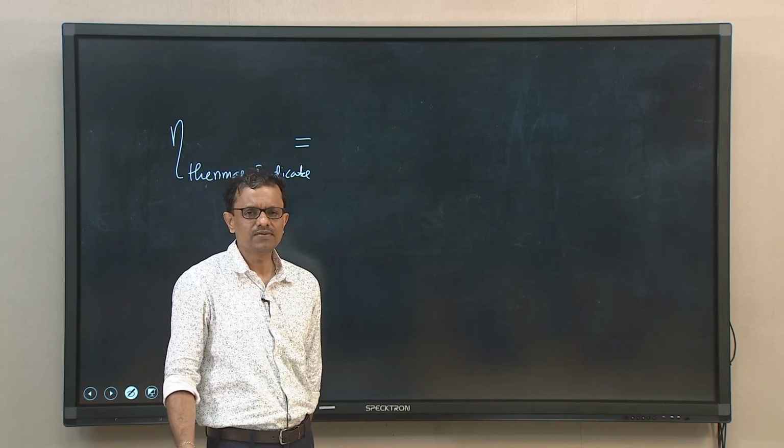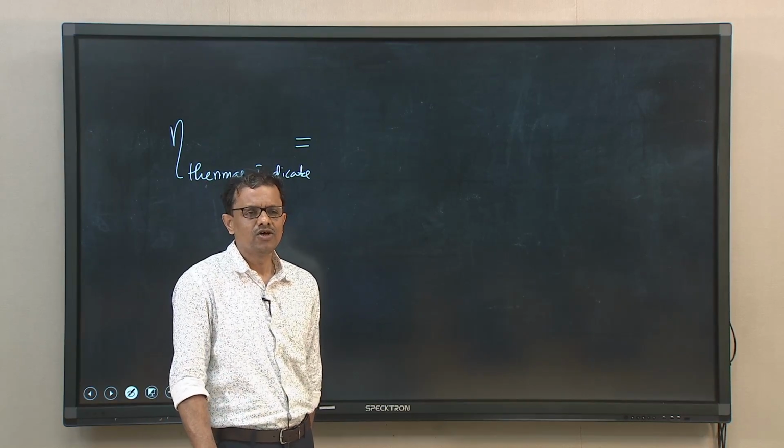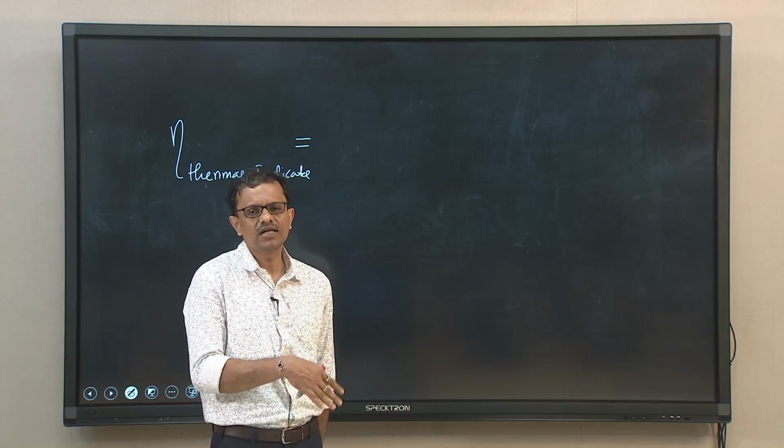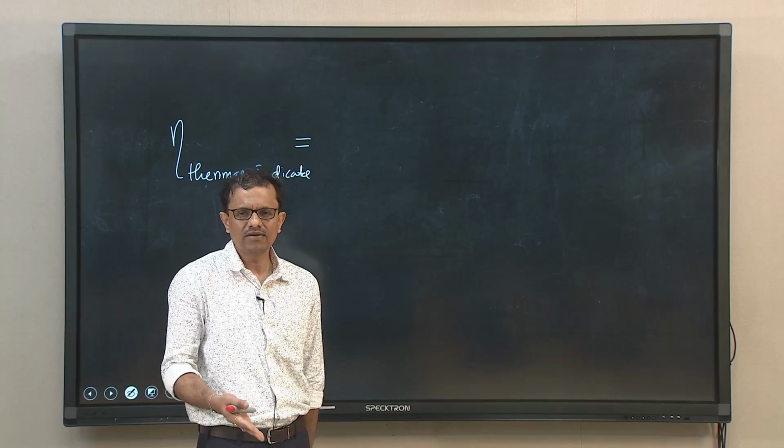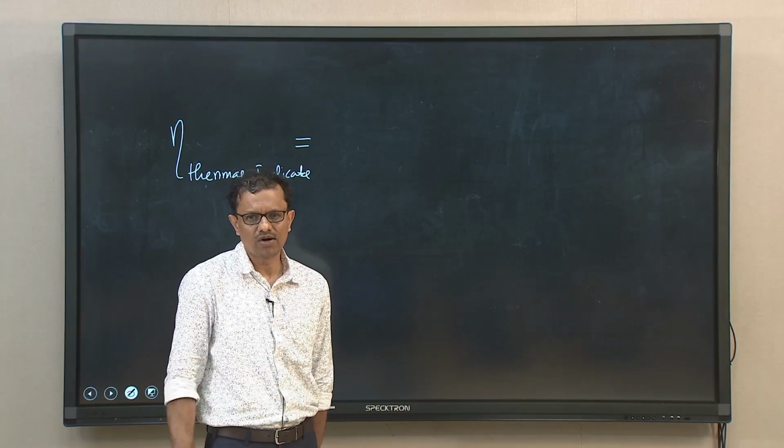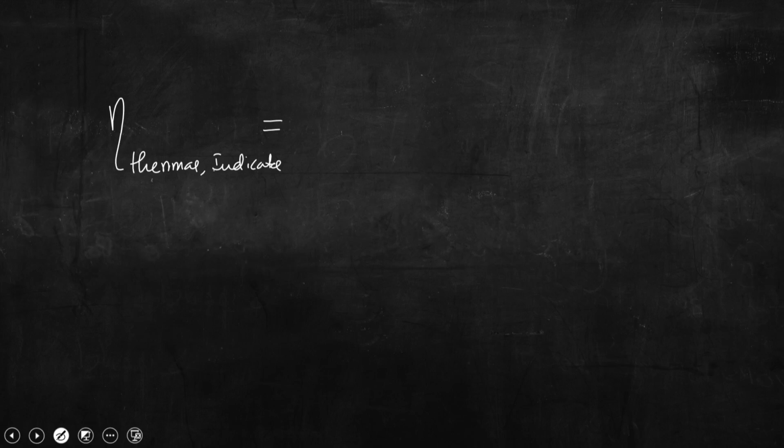So, air or working substance inside the engine cylinder, to the air because of combustion and from the air because of this blow down. Following the previous step, we can write 1 minus Q out by Q in.